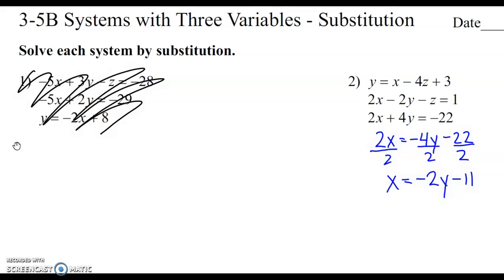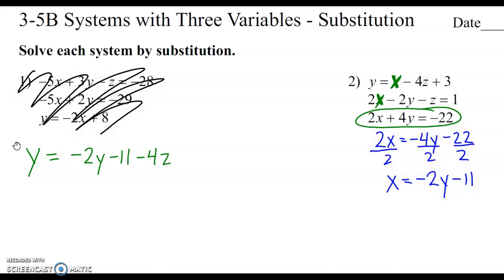So now, since I solved the bottom one for x, I have to substitute in for x into the other 2 equations. So the top one would be, y equals, the new x is negative 2y minus 11, minus 4z plus 3.